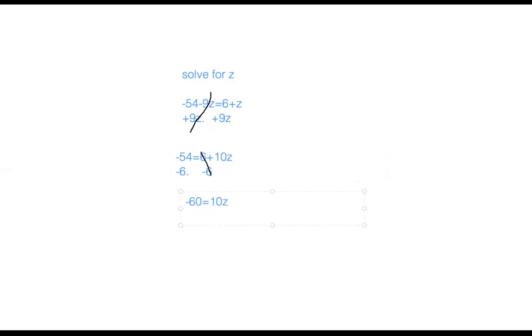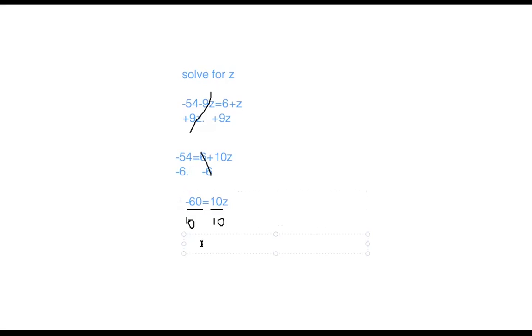We can't add, subtract, or multiply anymore. Now we have to get z by itself because in the beginning the equation was asking us to solve for z. So what we do here is divide both sides by the number that's in front of z. We divide this side by 10 and negative 60 by 10. 10z over 10 is just z.